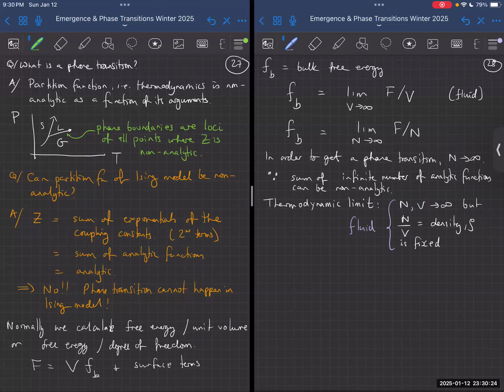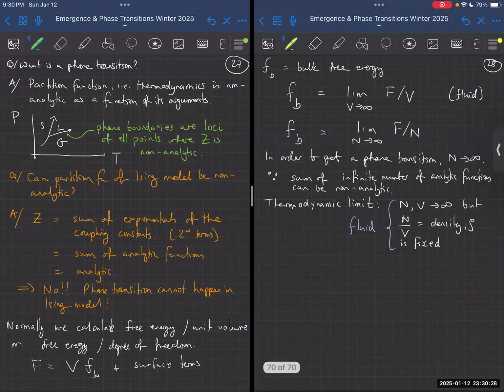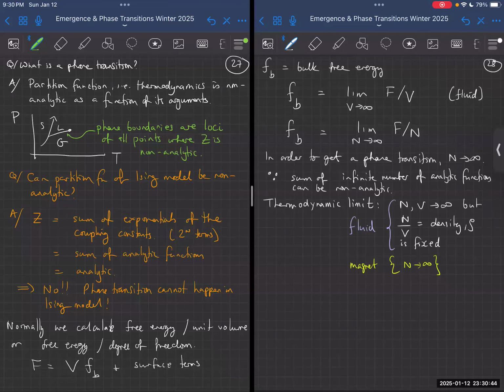And if I had a magnet, it would just be n goes to infinity. Okay, so that's the idea that we need to take the thermodynamic limit in order to see a phase transition.